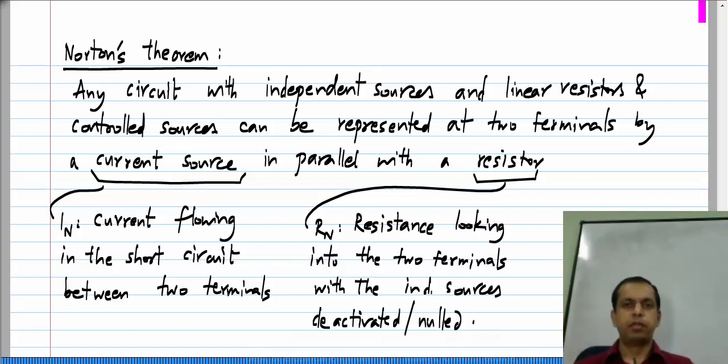Okay. So, exactly the dual of Thevenin's theorem.